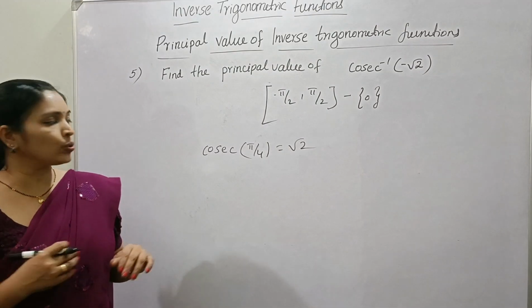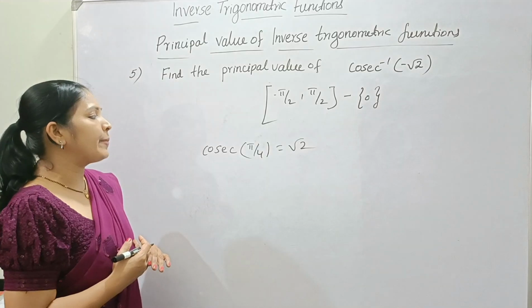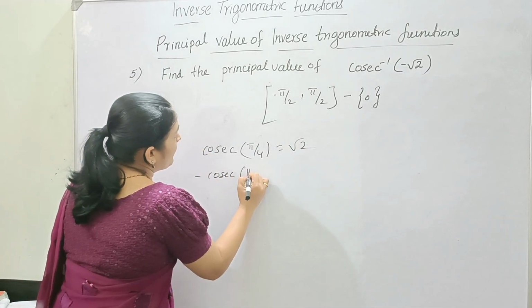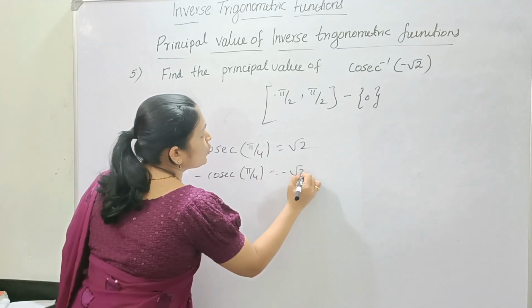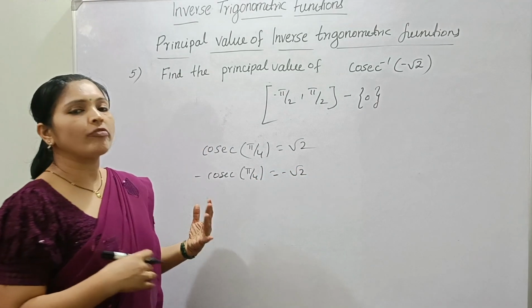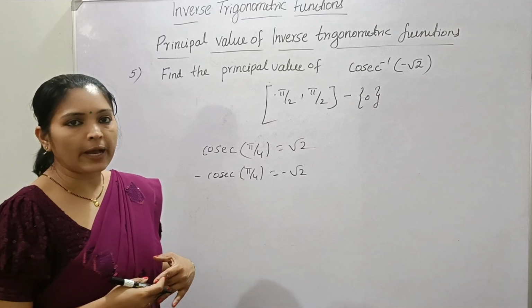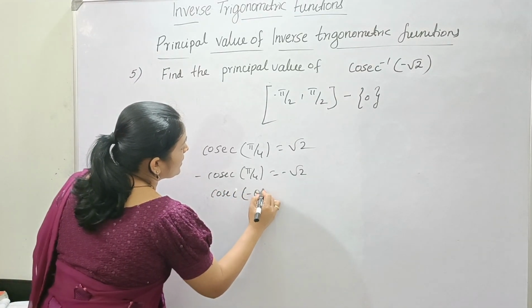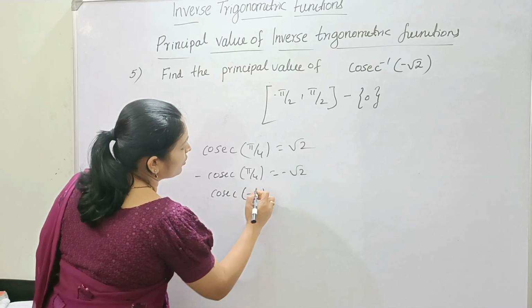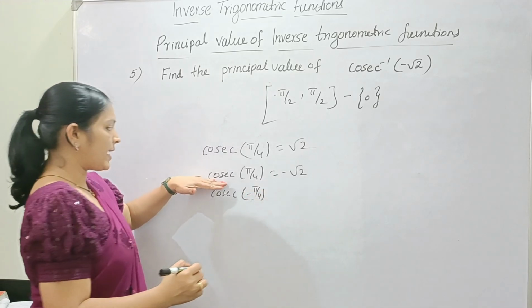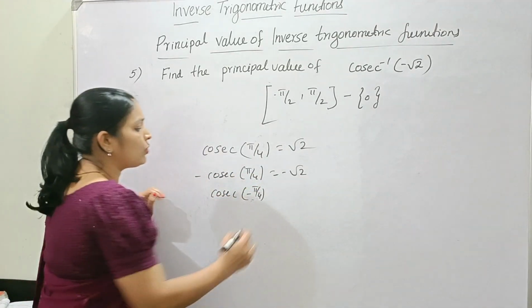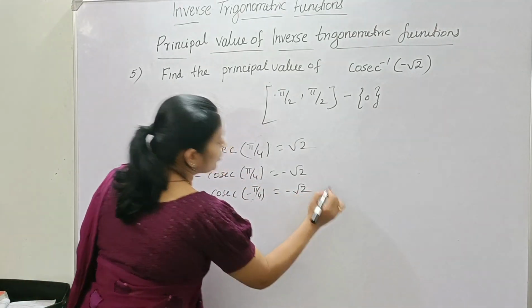Reciprocal of 1 by root 2 itself. So cosec of pi by 4 is root 2. So minus cosec of pi by 4 is minus root 2. And we have cosec of minus theta is minus cosec theta, okay? So cosec of minus pi by 4 can be written as minus cosec pi by 4, that is equal to minus root 2.